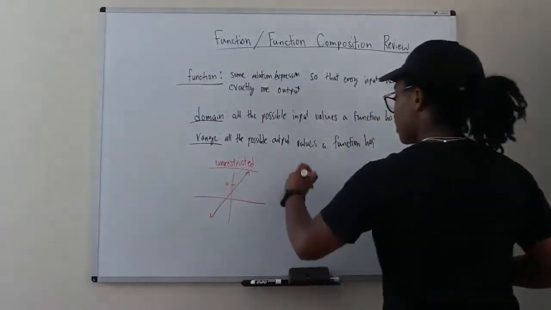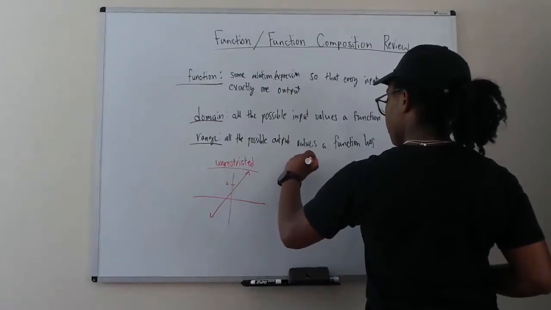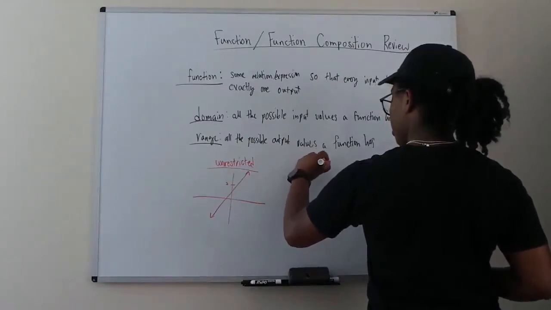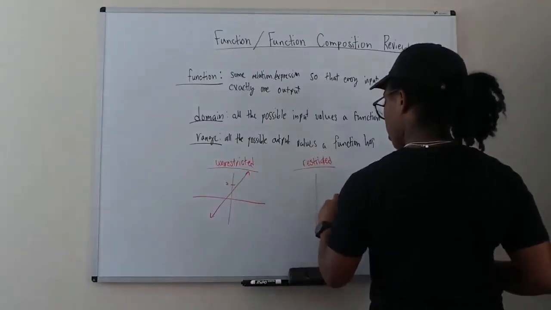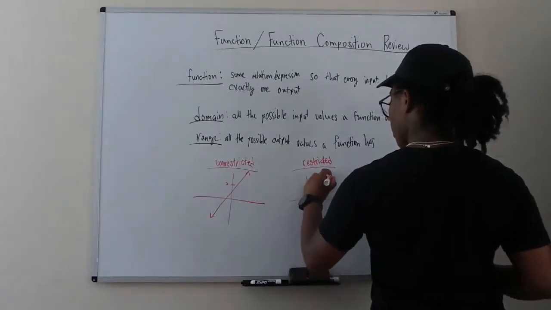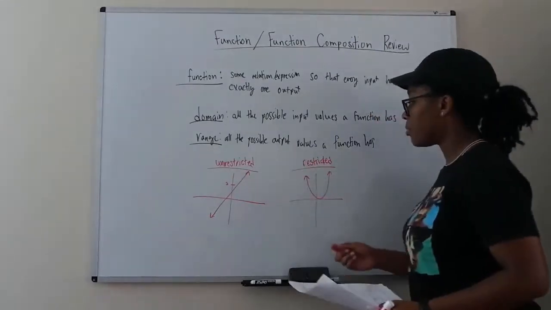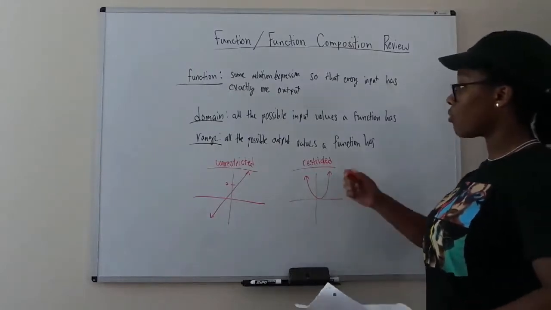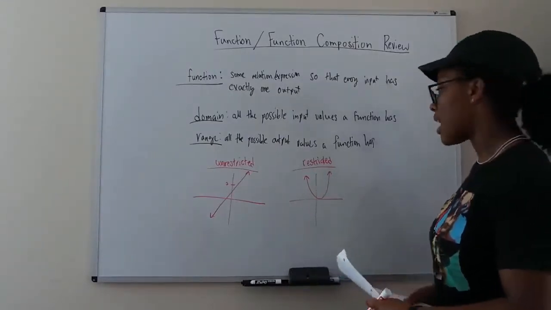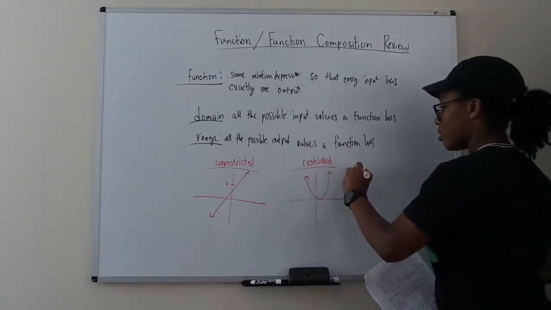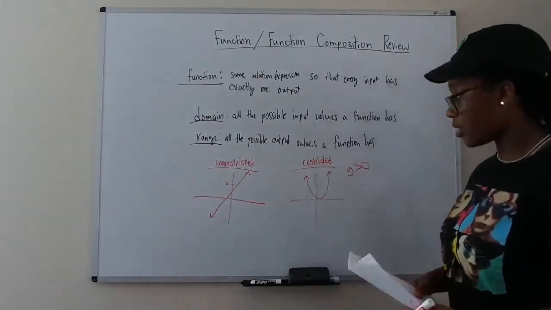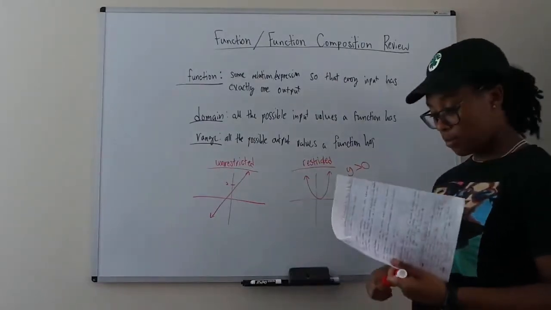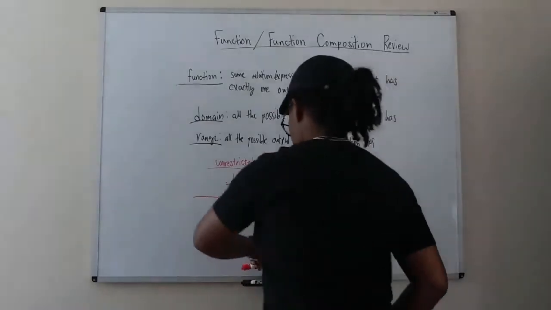And then this one is going to be an example of a restricted domain or range. And we're going to do just a basic parabola. And so this one is an example of a restricted range because the y values have to be greater than 0. And so it can't take any possible y value.